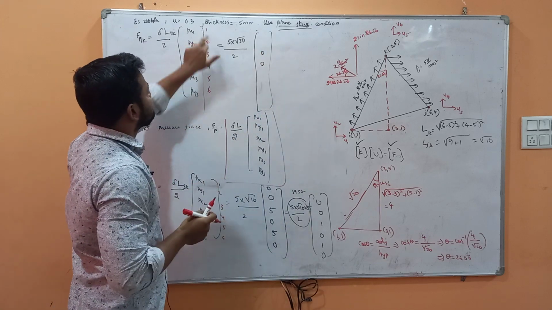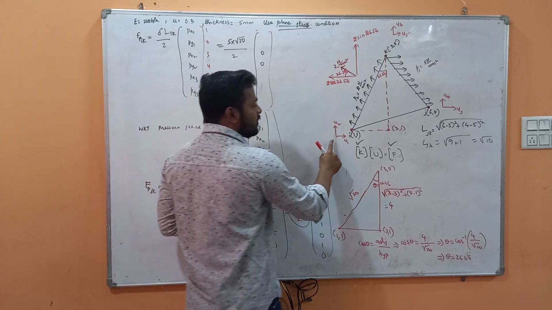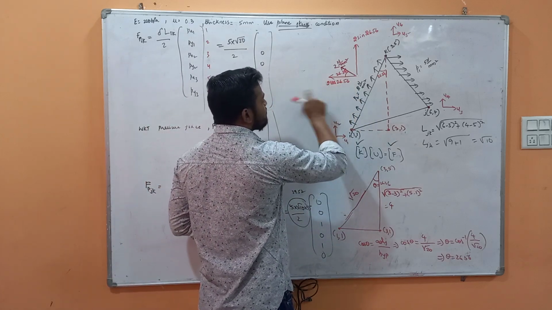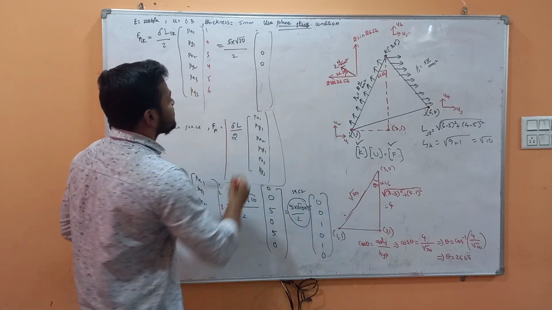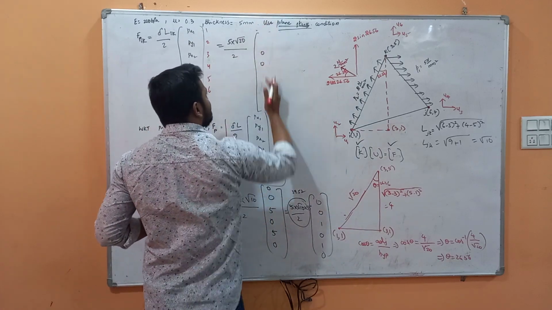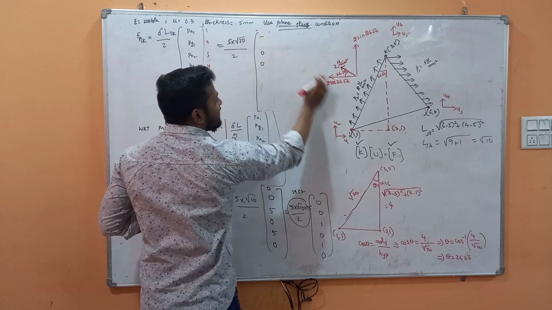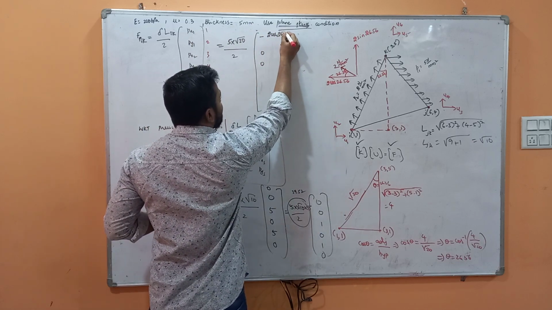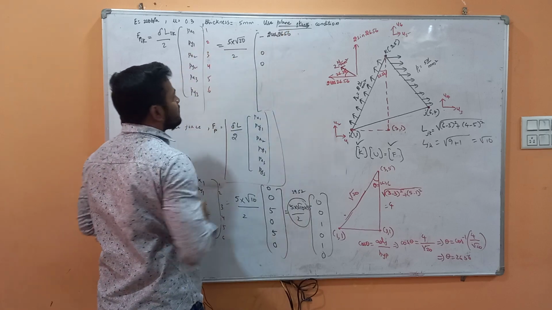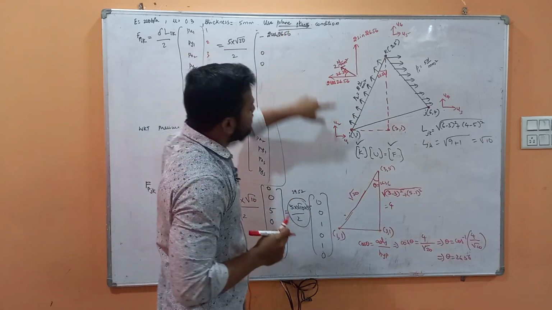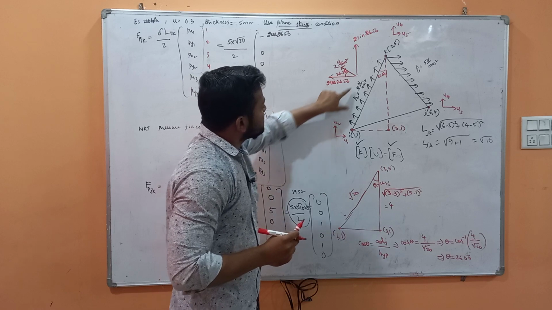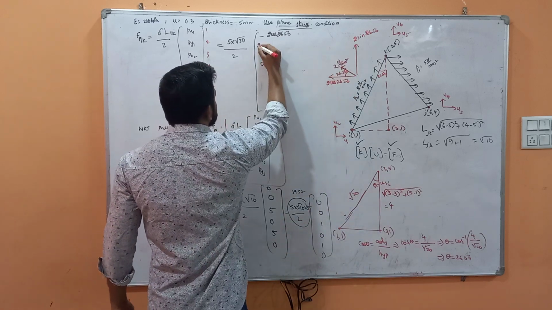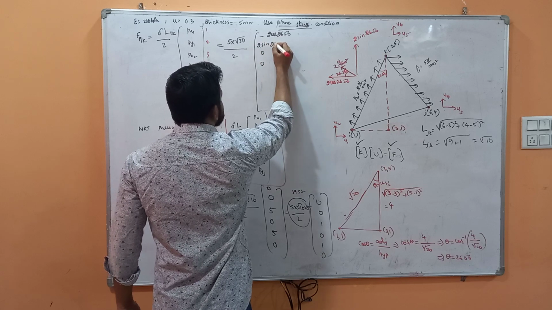Now, U1 is in the rightward direction and 2 cos 26.56 is in the leftward direction, so we put minus 2 cos 26.56 for 1. For 2, U2 is in the upward direction and 2 sine 26.56 is also in the upward direction, so 2 sine 26.56.